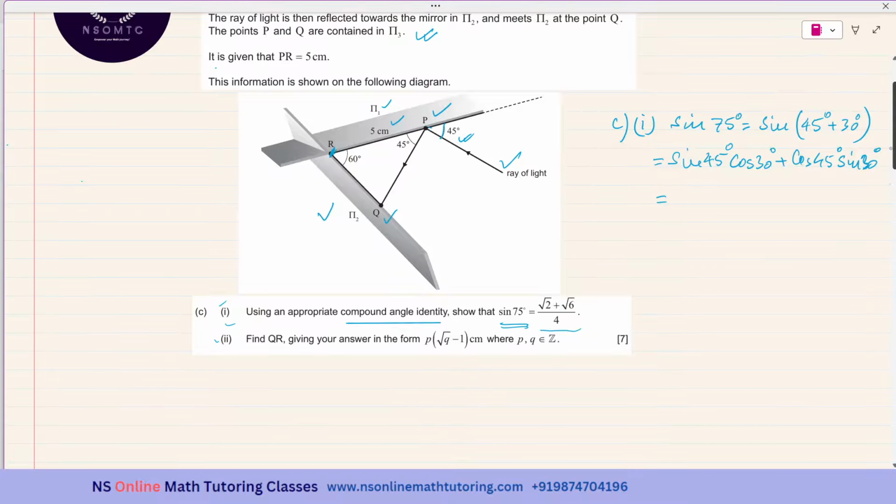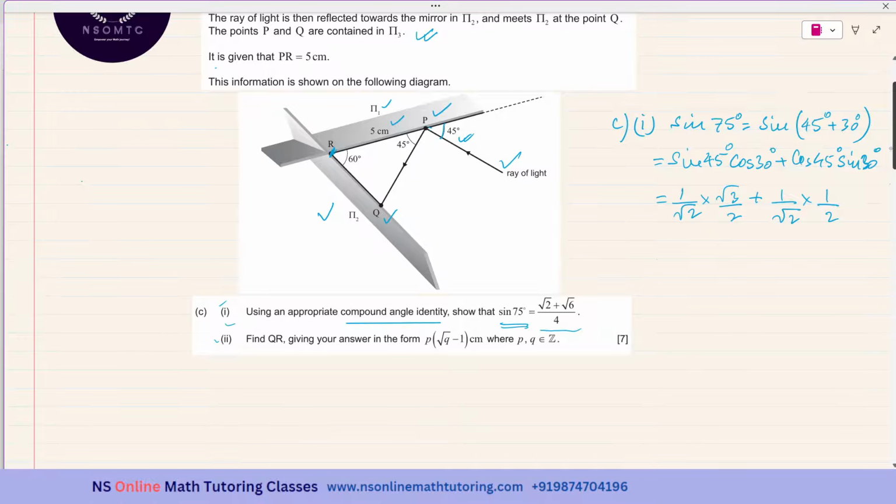Now I'll be substituting the values. Sine 45 degrees is root 2 over 2, I'm writing 1 over root 2. And cos 30 degrees, I'm writing as root 3 over 2. Plus cos 45 degrees is 1 over root 2, and sine 30 degrees is half.